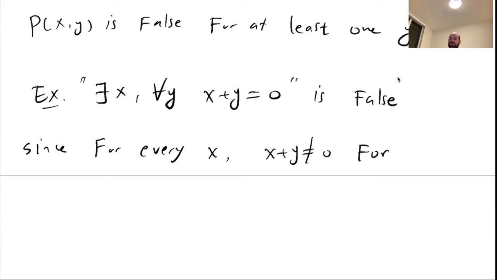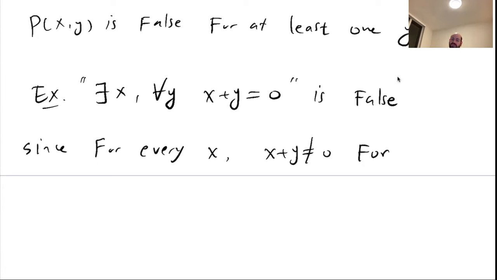Now, which y value can I use in order to have a guarantee that x plus y is not equal to 0? Well, 2 plus y is not equal to 0 for many y values, for example 1, 2, 3, 4, 5, minus 1, anything except minus 2.